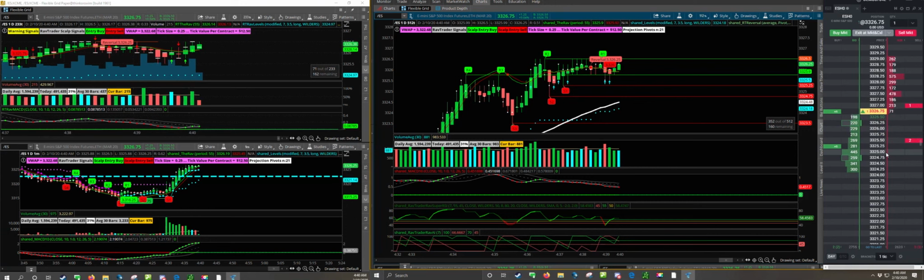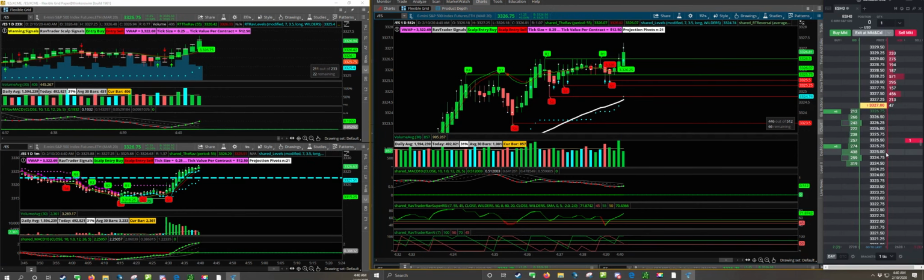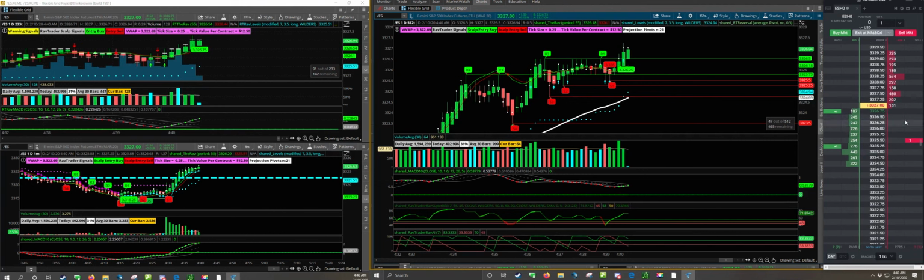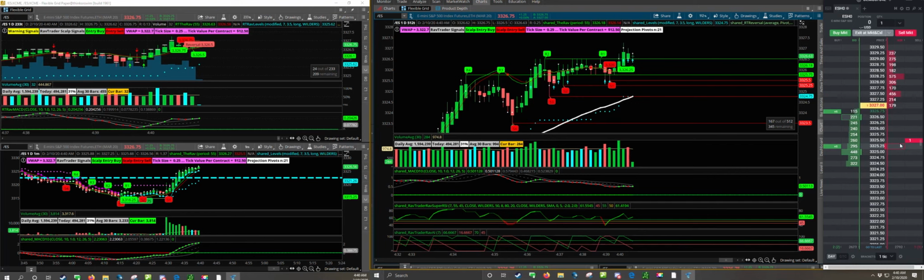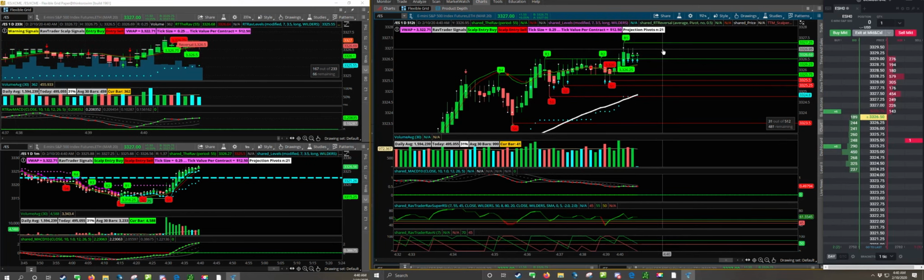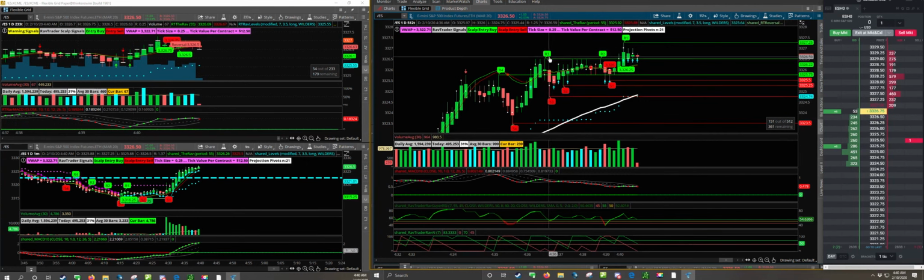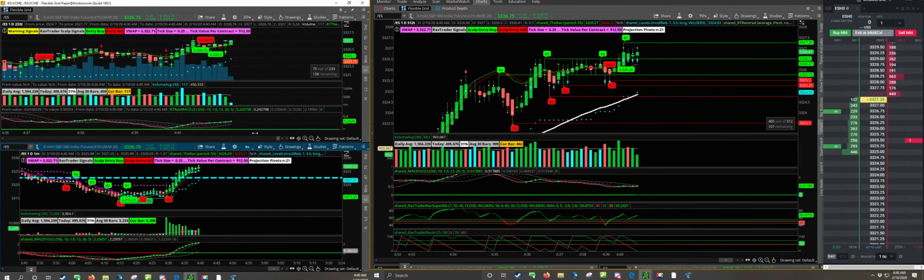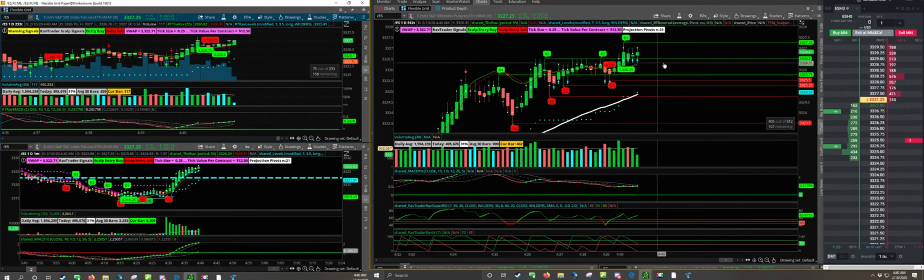27 long. Stop filled. Order above filled, that resistance level. Tricky. 27 long triggered.